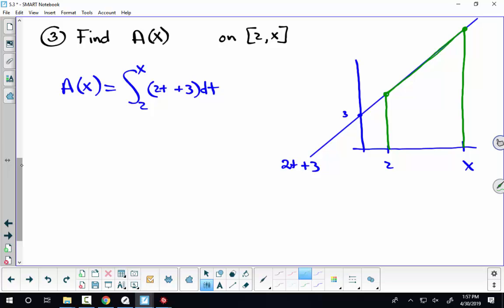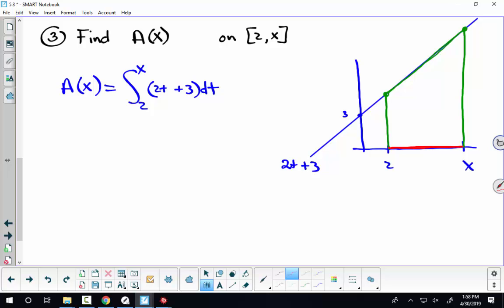Well, what's the length of the base? Delta x, x minus 2. There is a change in x, but we can be very specific with that change. If x were 10, what's the change from 2 to 10?